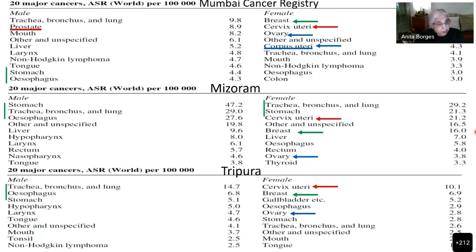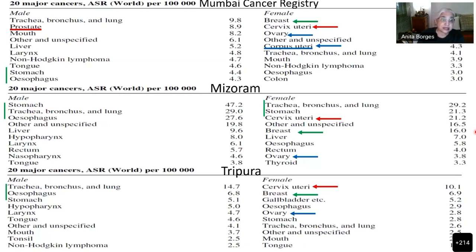Number two, somebody said we can use it. That's Raga who said that we can use it to actually screen for these cancers if there are screening procedures that are easy to do. I can't screen easily for cancer of the esophagus, can I? No. And yet you see in Tripura, cancer of the esophagus is the second most common cancer over there at 6.8. All right.